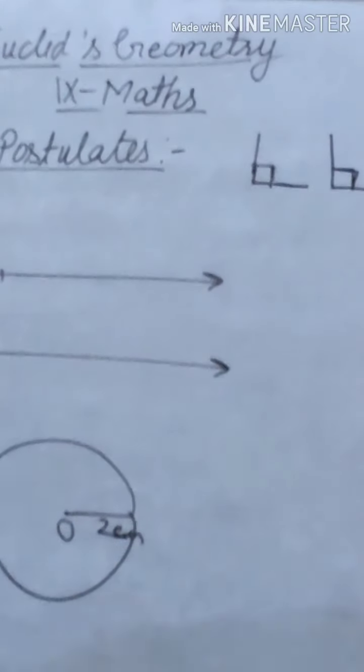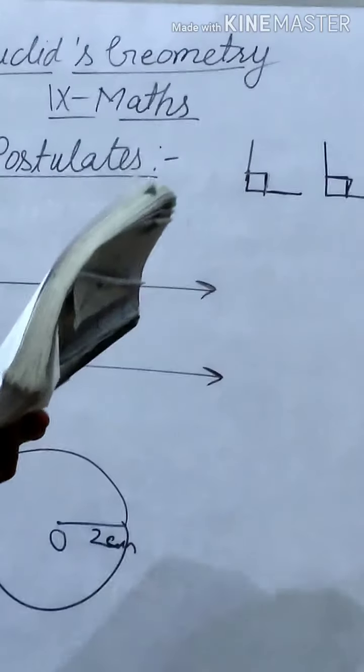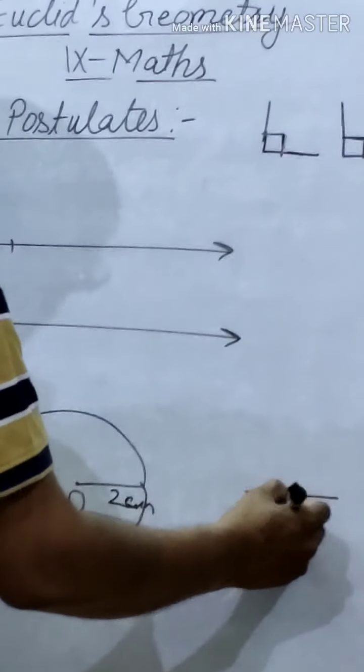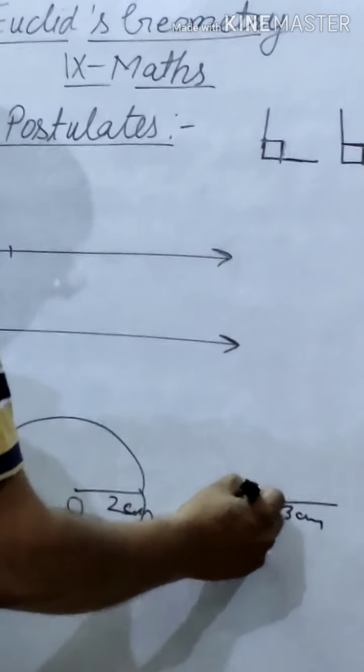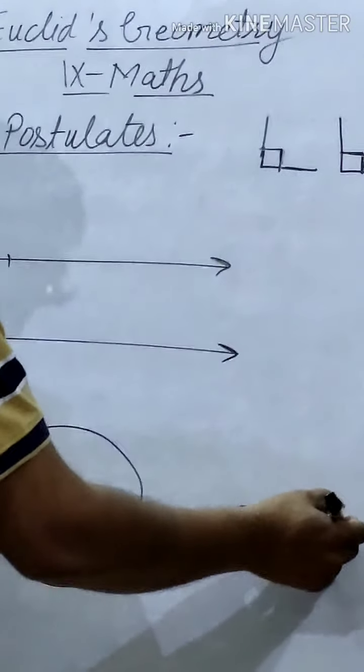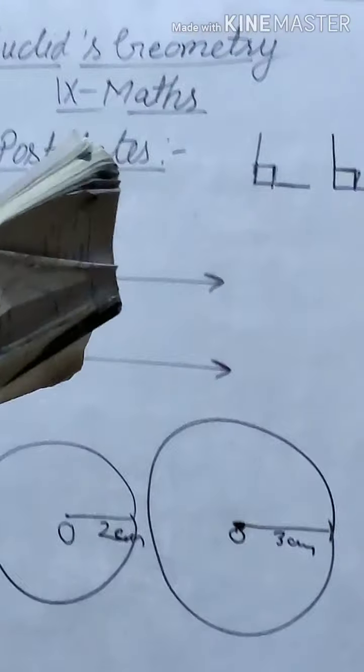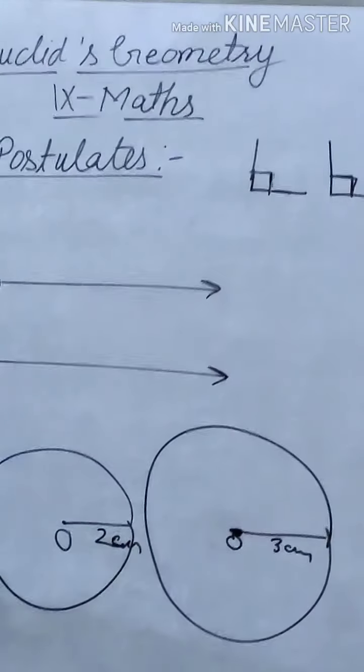So you can draw a circle with the help of a radius and a center. If it is 3 cm, you take 3 cm as the radius with the center and draw the circle. Clear? No problem.